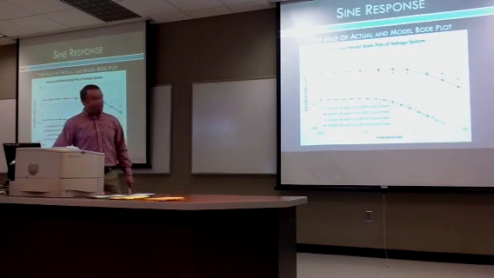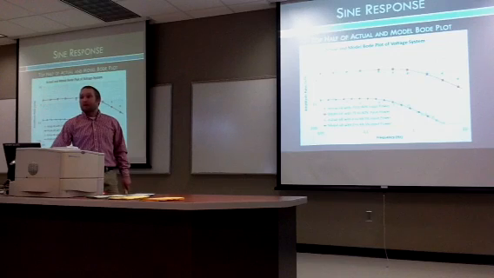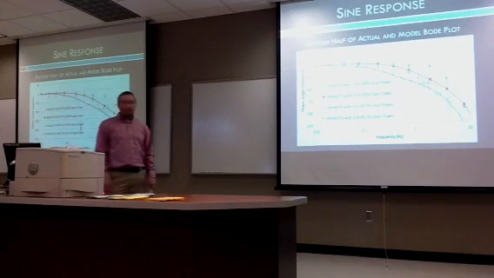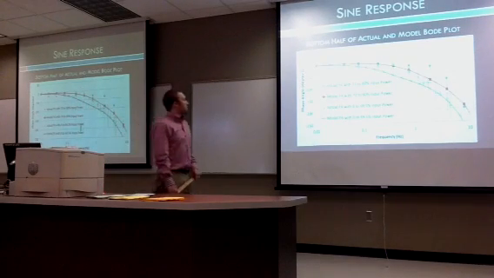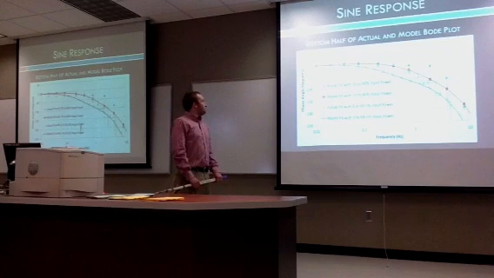And then below that, the purple is our model amplitude ratio for 0 to 69.5% input power, and the green is the actual amplitude ratio from 0 to 69.5% input power. And here at the bottom half, we have the phase angle versus the frequency again.